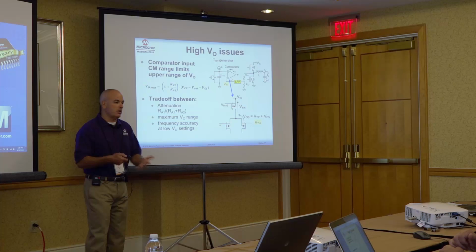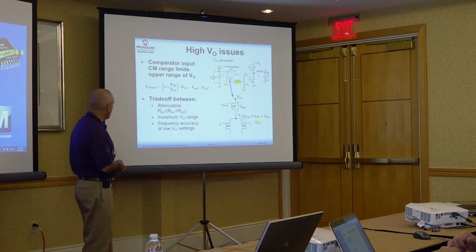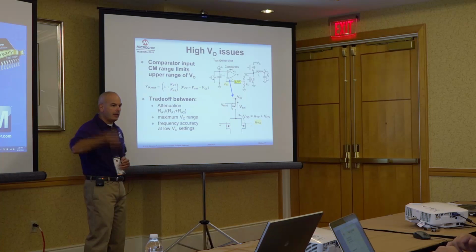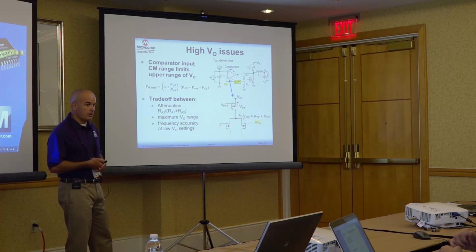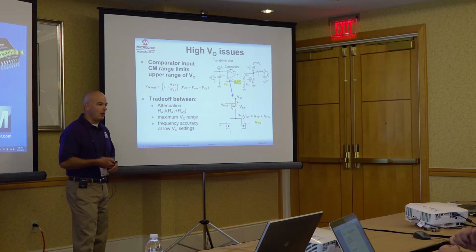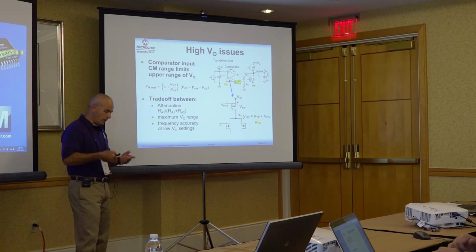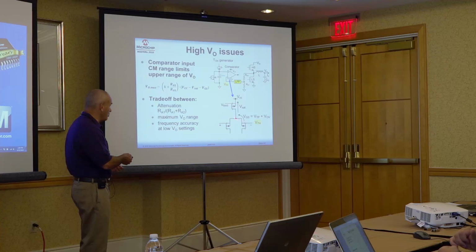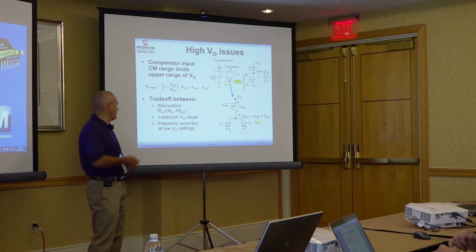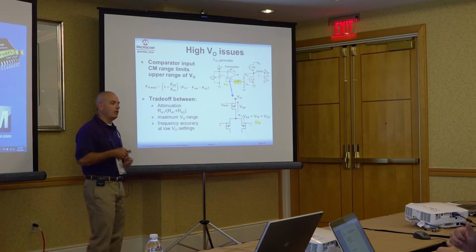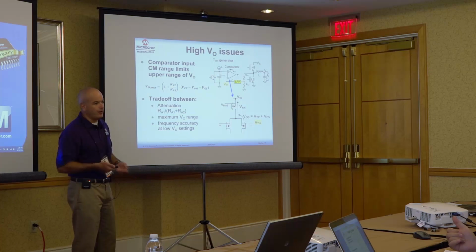And as you can see, there is a trade-off, because bigger attenuation will let you support higher and higher output voltages. But then what happens at the other end of the output voltage setting range when you're trying to regulate 1 volt output? Then your threshold will be very close to ground, and the frequency accuracy at low output voltage setting will suffer a lot.